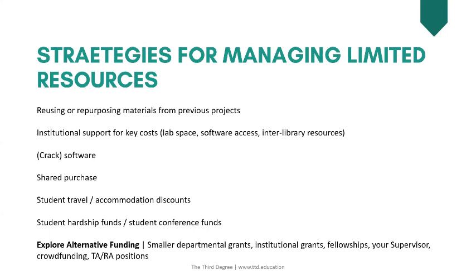Explore alternative funding. So maybe your department has smaller grants, little bits of money. Look for institutional grants, just maybe a few thousand dollars, nothing much, but it will help you with what you've got.